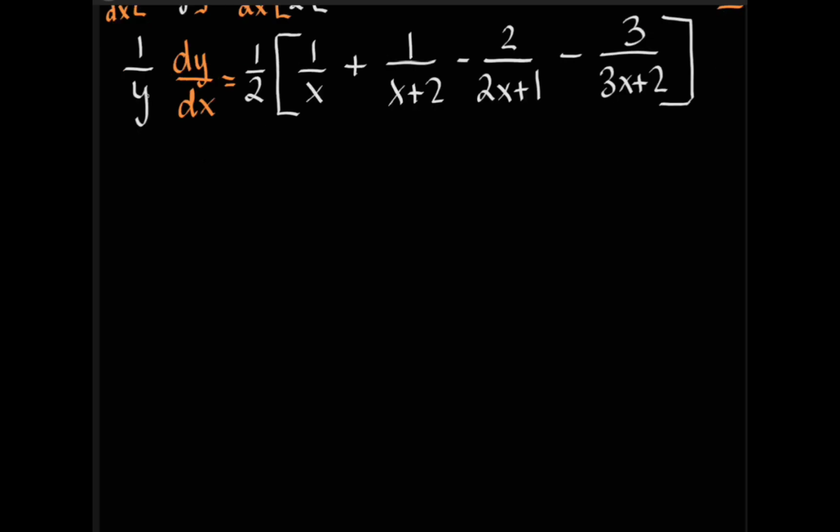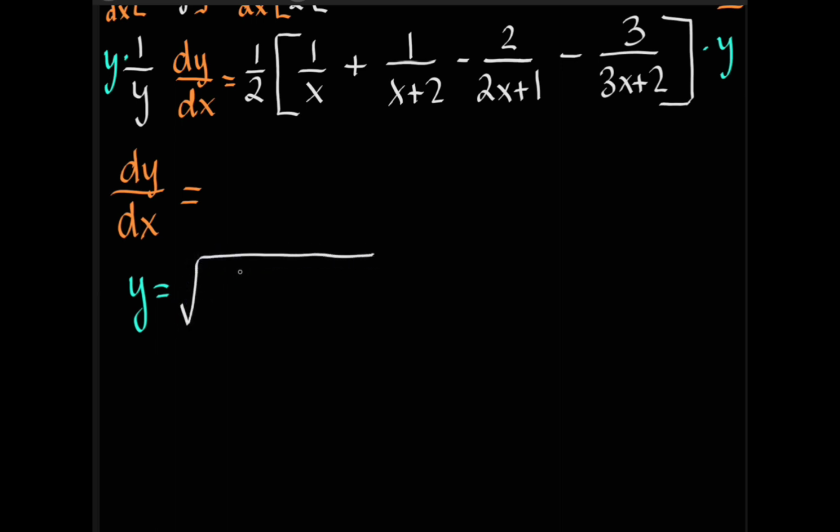We are almost done with our equation, but not quite. We cannot leave this 1 over y on the left side of our equation to have our derivative. We need to have just dy over dx isolated here. That means that we need to multiply by y on both sides of the equation, leaving me with what my derivative equals. From the beginning, we knew what y equaled.